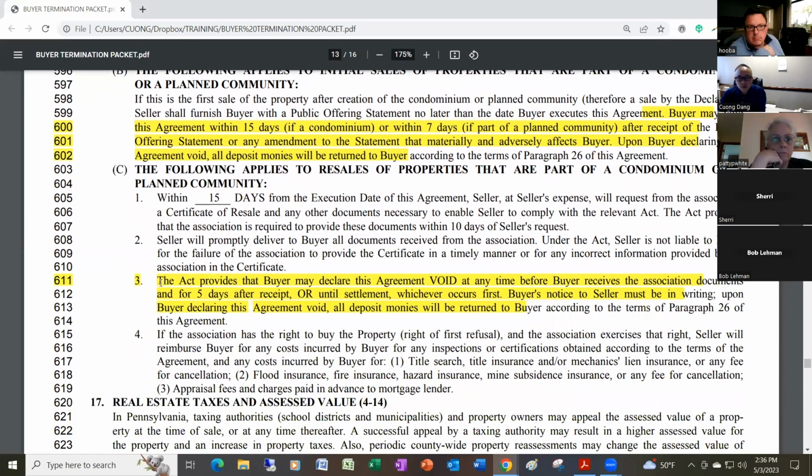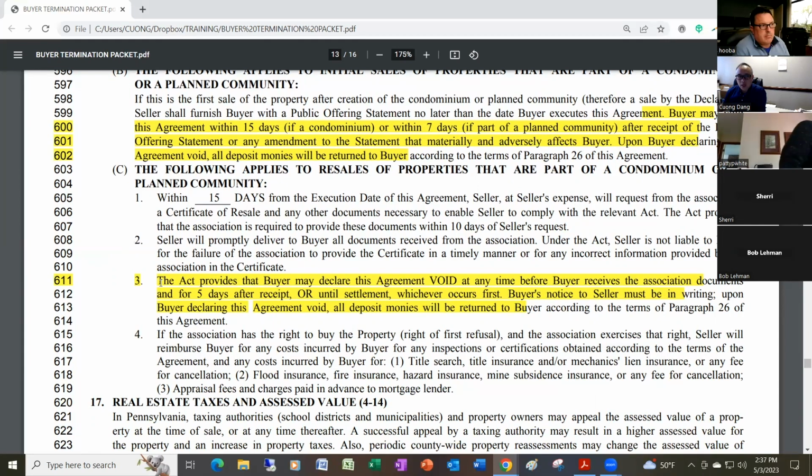16C3. Okay, this is talking about the HOA and condo acts that allow the buyer to get out of an agreement of sale after 5 days after reviewing the document. So the act provides that buyer may declare this agreement void at any time before buyer receives the association document. So they can void it at any time before they get the document.